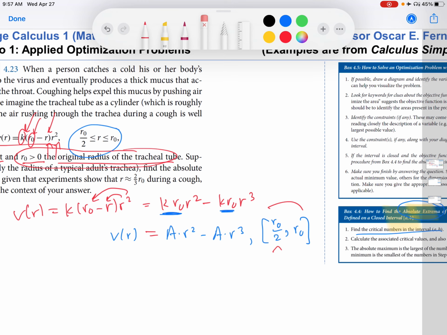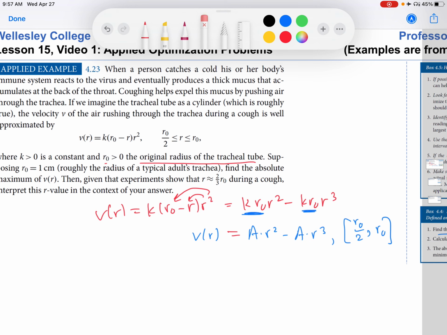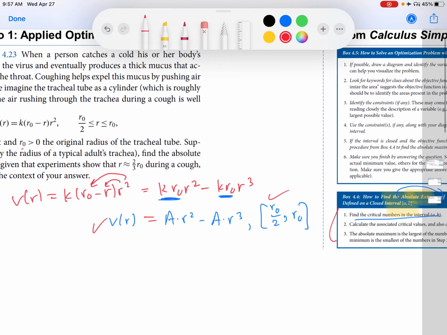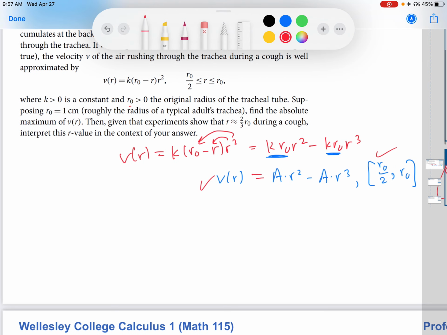Okay, so now that we've discussed all of what these things mean, we are squarely in math land. By that I mean we have a continuous function defined on a closed interval. So we're going to apply this procedure and find the absolute maximum of this function. So first step, find the critical numbers. I'll do that over here. What does that entail?